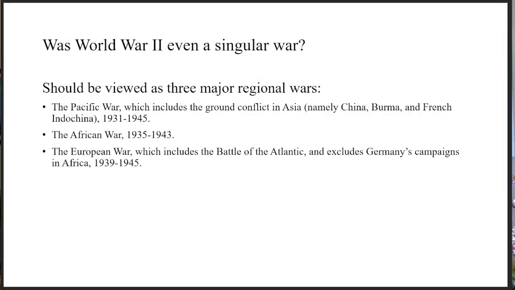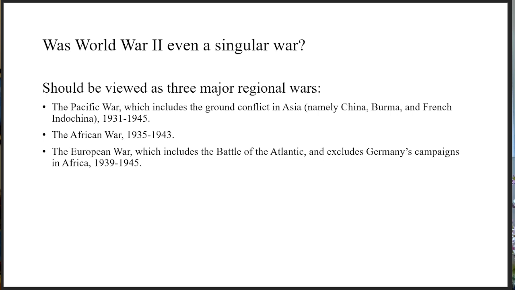My argument is based on the premise that the Axis powers of Germany, Italy, and Japan, while having a treaty of support amongst themselves, did not conduct their campaigns with any coordination between the fronts. Essentially, while Germany and Italy did coordinate a lot of their campaigns, especially in Africa, Japan acted independently of the other Axis powers.